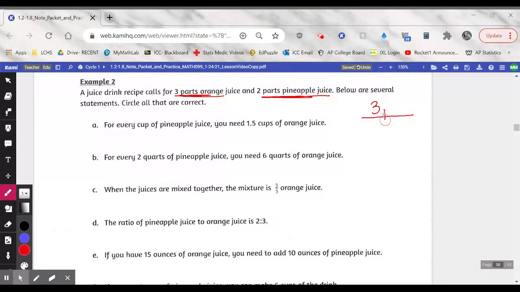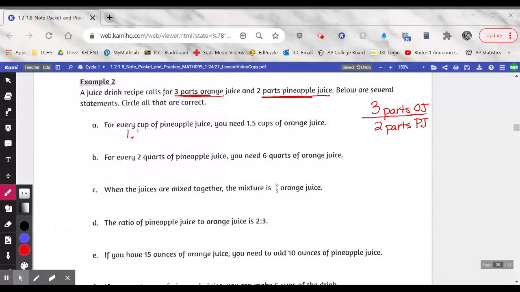So I'm going to say 3 parts OJ for every 2 parts PJ for pineapple juice. And we're going to see which of the statements below would follow the recipe that we see. So for A, it says for every cup of pineapple juice, you need 1.5 cups of orange juice.